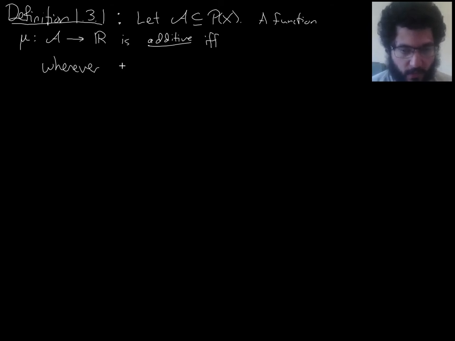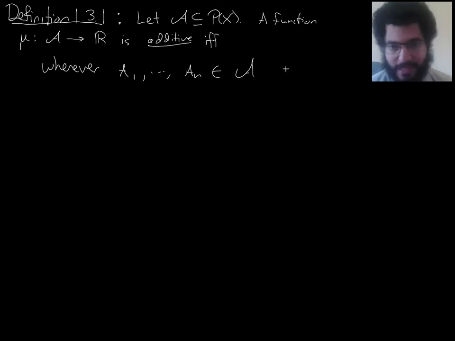which is whenever you have some finite collection, A1 through AN, of special sets, let's call the elements of this thing special. Usually I say measurable sets, but this is not a sigma algebra, so I wouldn't say that.